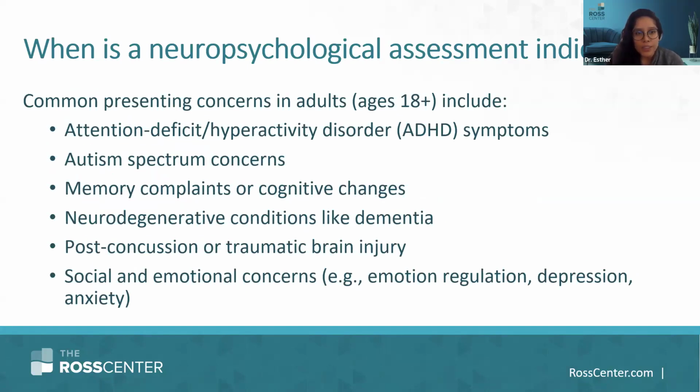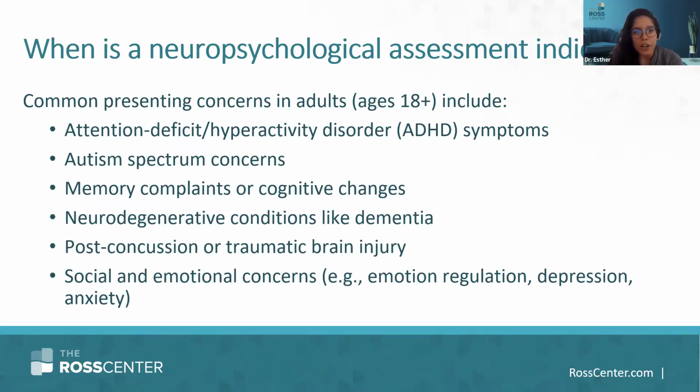So for adults, at the Ross Center, we see many common presenting concerns that could include concern for ADHD, attention deficit hyperactivity disorder. So adults might have concerns with their attention, working memory, concentration, executive functioning, things like that.